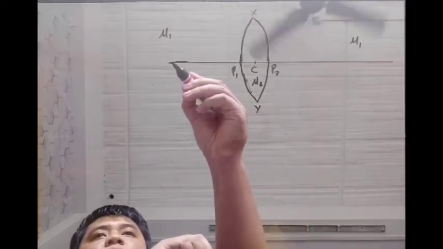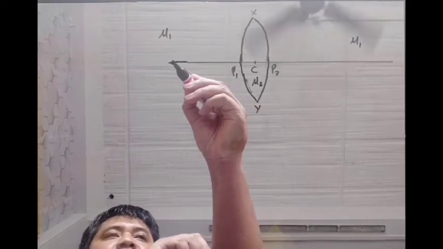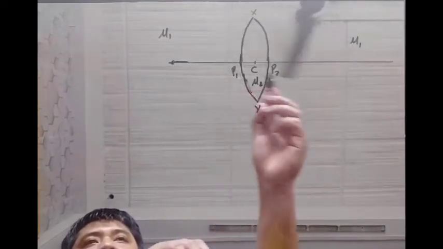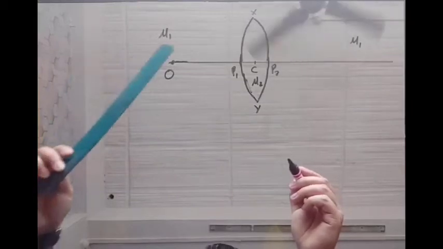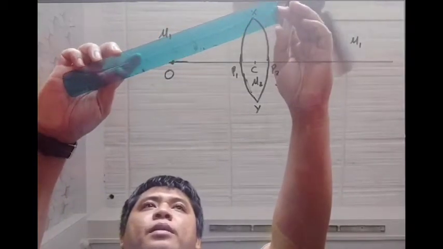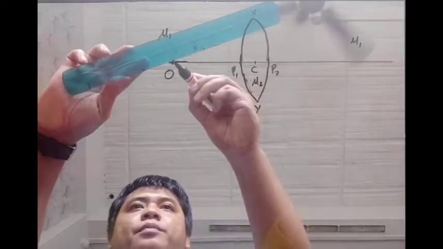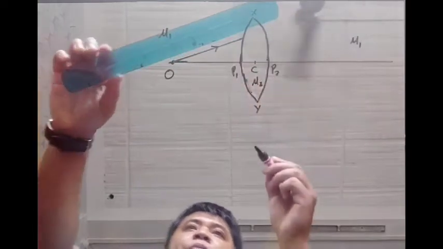Here we consider a point object lying on the principal axis. This is the point object. From the point object, let me draw the incident ray. This is the incident ray.